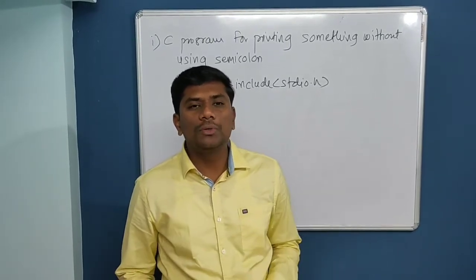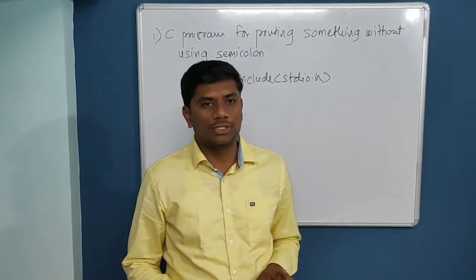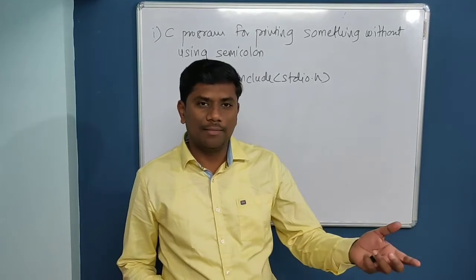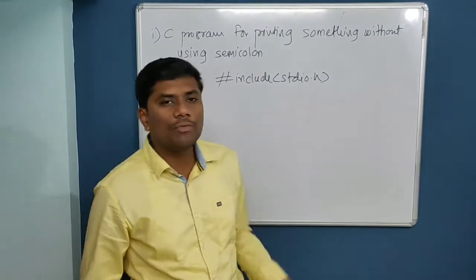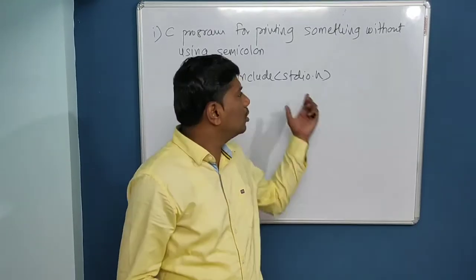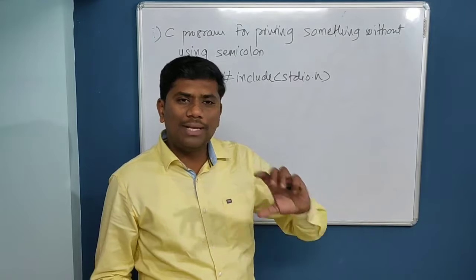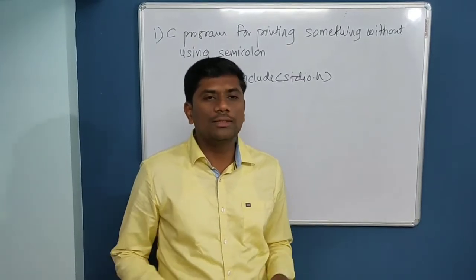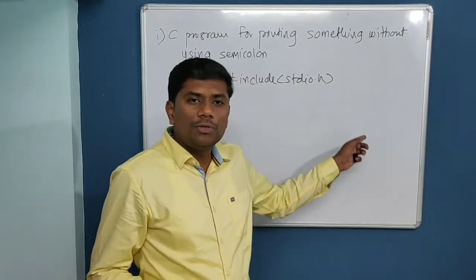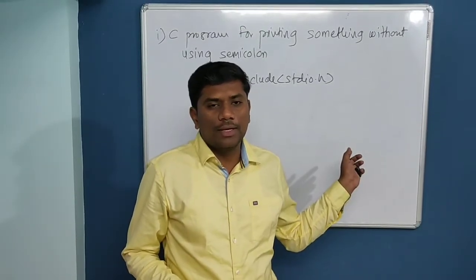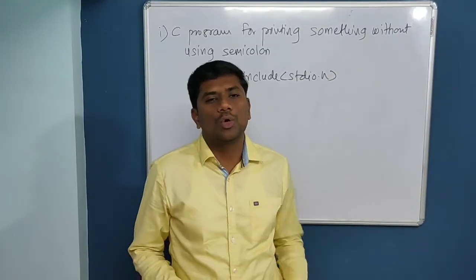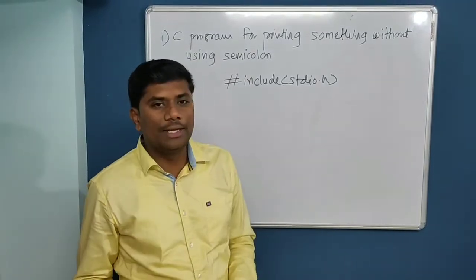So we are not going to use getch and clrscr, because they are not compulsory. clrscr is for clearing the screen, and there is no question of clearing the screen, because we have not implemented any program before. The condition here is only to print something without using a semicolon. They are not saying that you should use clrscr or getch. If we use them, then a semicolon is there. So as we are not using them, we don't require conio.h. This header file is enough for us.